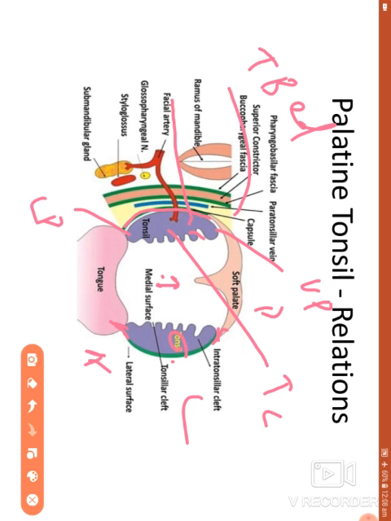The structures are the medial pterygoid muscle over the ramus of the mandible, then branches of the facial artery, glossopharyngeal nerve, submandibular salivary gland, and styloglossus. These are important structures forming the tonsillar bed. That forms the lateral relations.